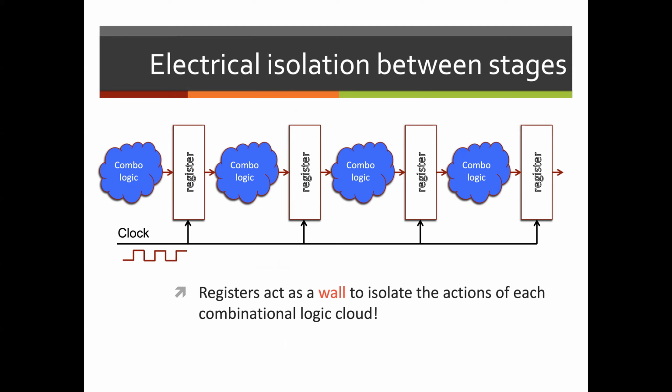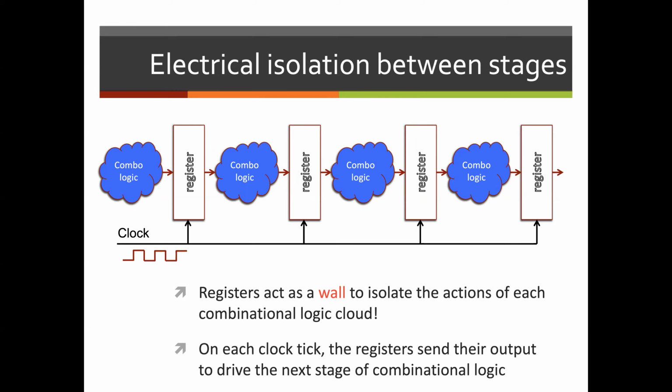And so once the stage has completed its function, it has to place the results of its function back onto our place for storing and checking until the next clock cycle. And so this introduces the need for registers to send their output to drive the next stage in regards to computation.